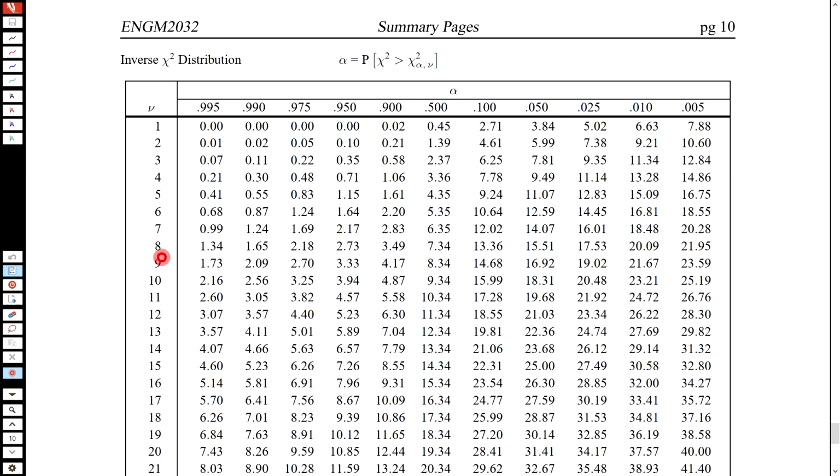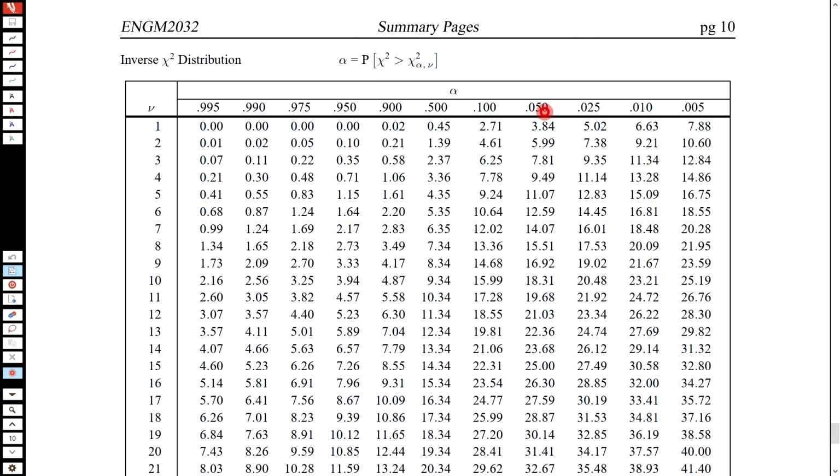We have 9 degrees of freedom, so we're on this line here. And we're looking for the probability that we lie between 3.33, which corresponds to an area to the right of 0.95. And what was the other one? I think it was 16.92. Let's just check that.